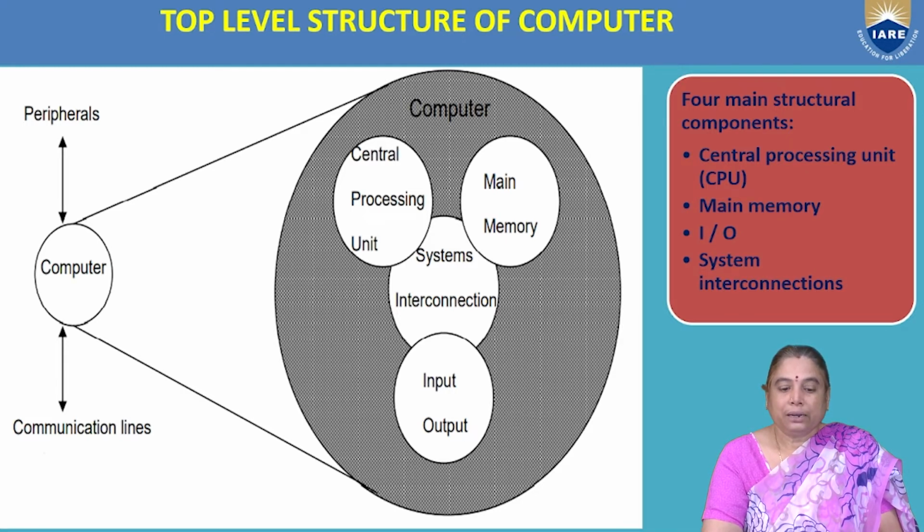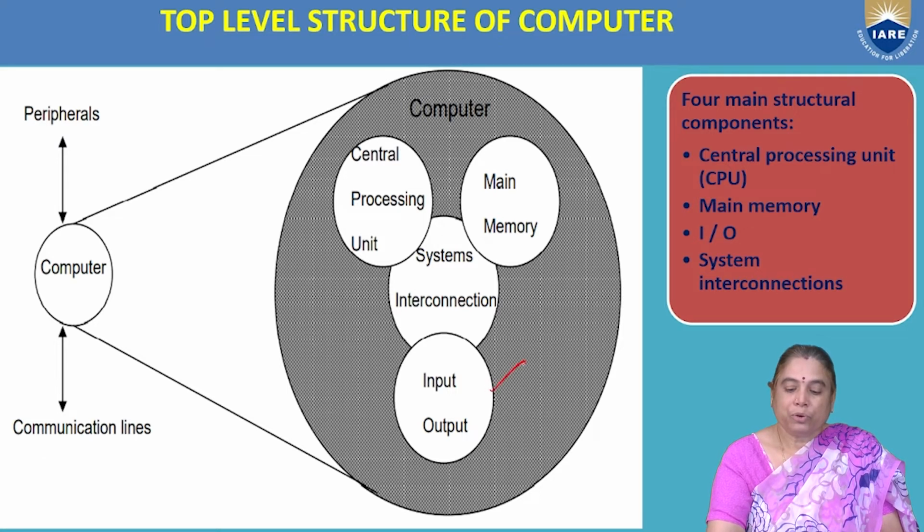While taking the top level or abstract view of the central processing unit, the user has to interact with the CPU with the help of input devices. Whatever data or information is produced as a result of processing has to be represented by using the output devices.